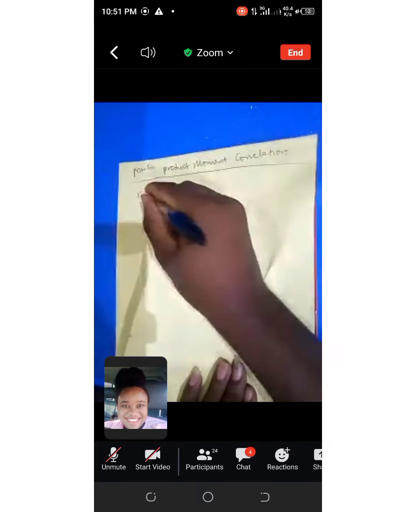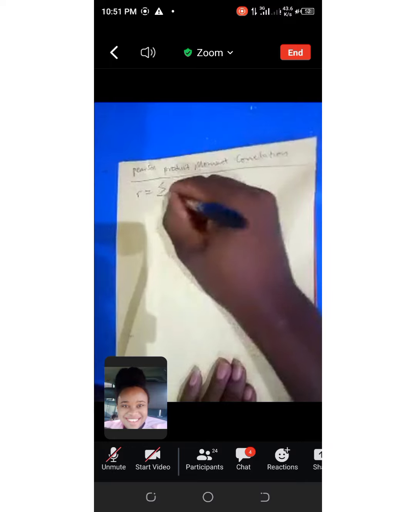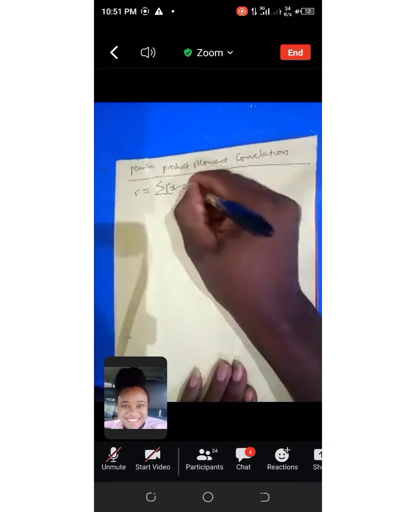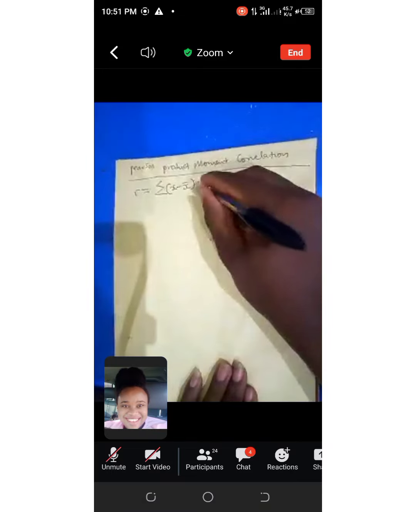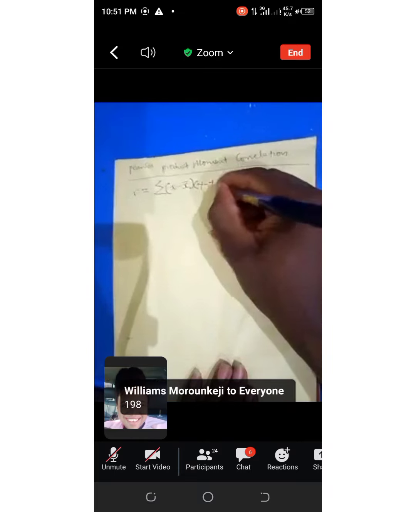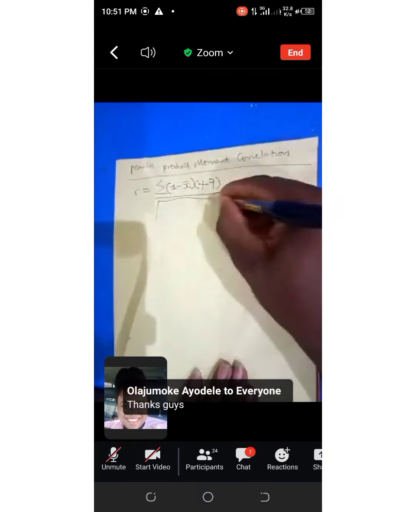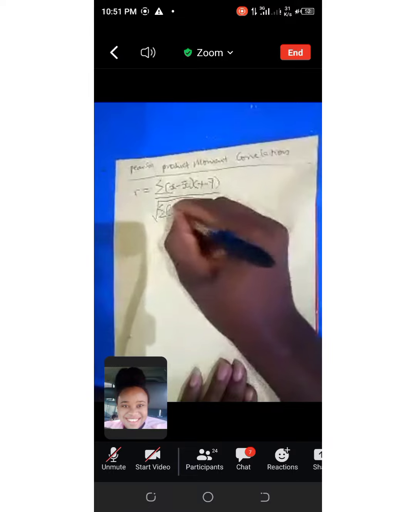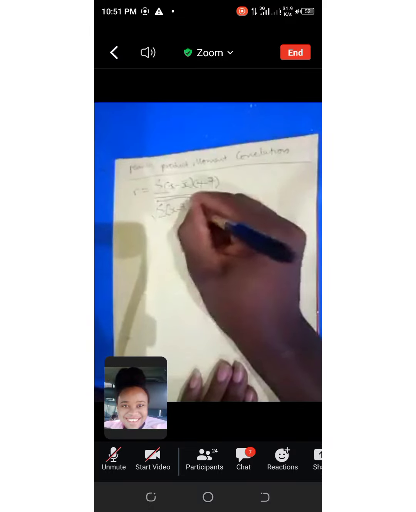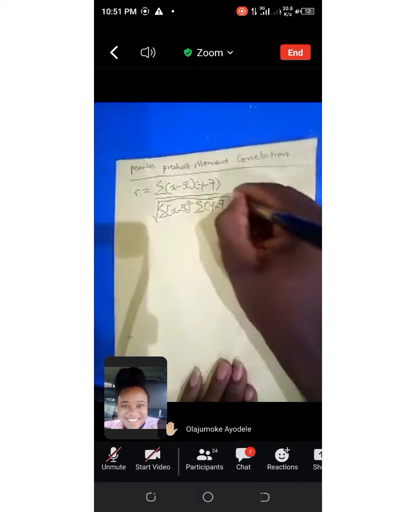So the formula is R equals the summation of X minus X bar, when you see X bar it usually means the mean, then in brackets Y minus Y bar, all over the square root of the summation of X minus X bar squared times the summation of Y minus Y bar squared.